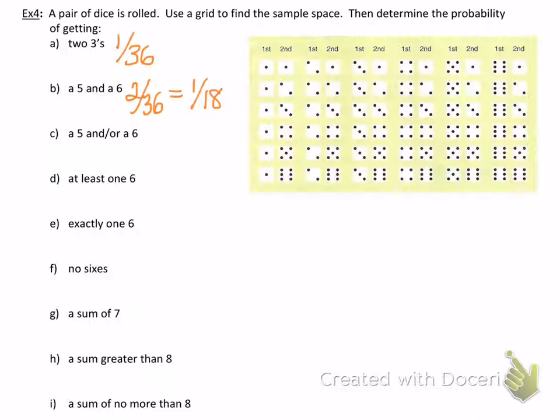A probability of a 5 or a 6. If we're doing a 5, in general, that's right here. And then a probability of 6, that's right here. I don't want to overlap because then I'm going to count a die twice.